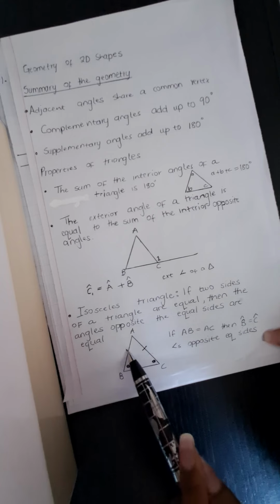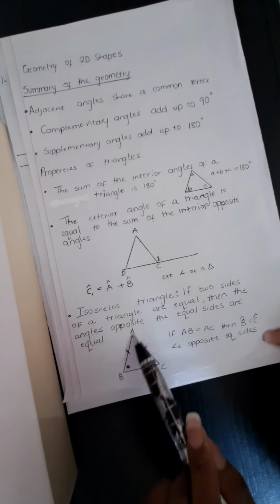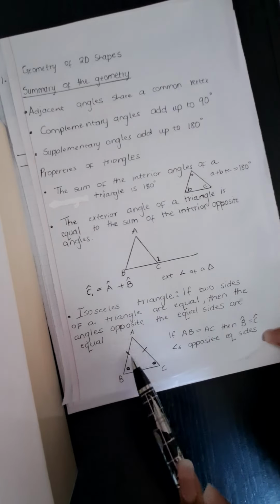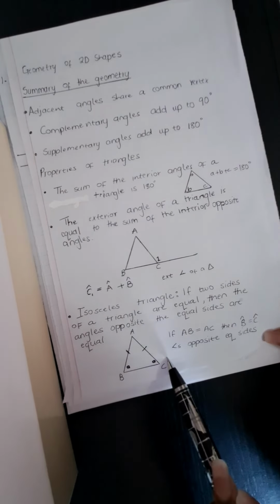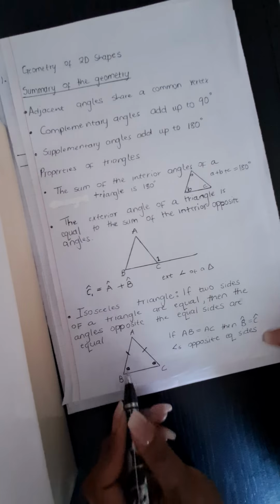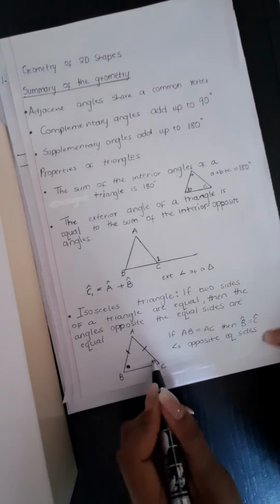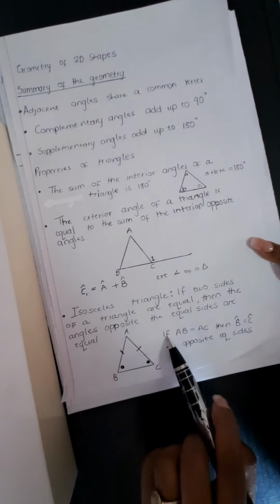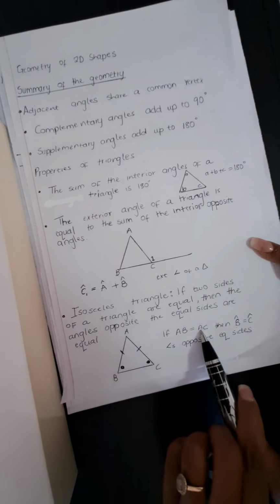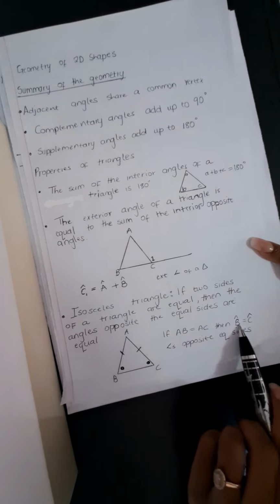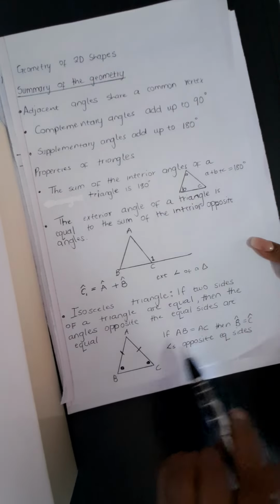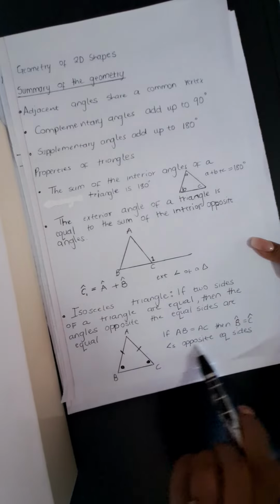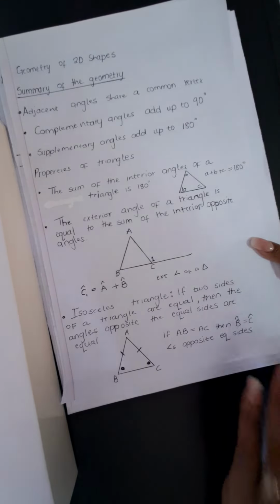They do indicate with those lines, which means this side and that side are equal. So if AB is equal to AC, then angle B and angle C are equal. If AB equals AC, then angle B is equal to angle C, angles opposite equal sides. This will be your reason.